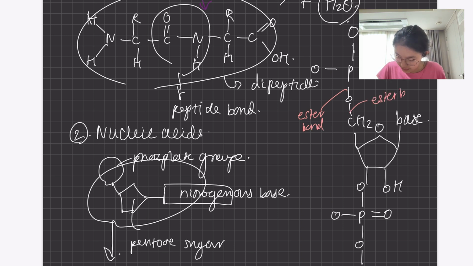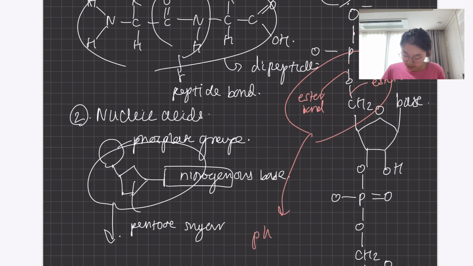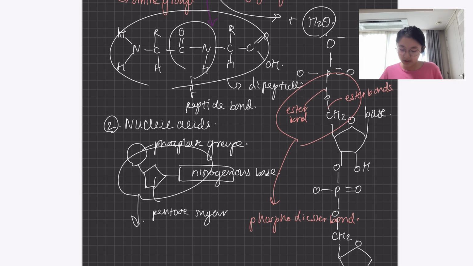These are ester bonds. And because we're linking the phosphate group to the pentose sugar, we're going to call this sort of bonding in and of itself a phosphodiester bond. Two ester bonds with a phosphate group. And this is how it's going to look when we link several nucleotides together in order to form one single strand of a nucleotide.